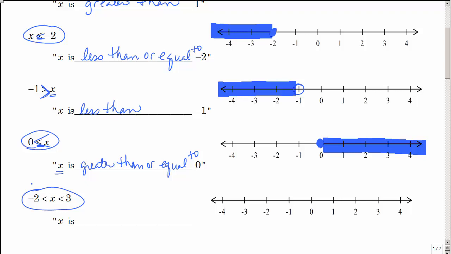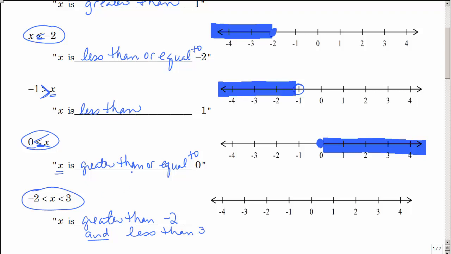X is sitting between two numbers, right? So you can read this a whole bunch of different ways. This really says x is greater than negative 2 and less than 3.